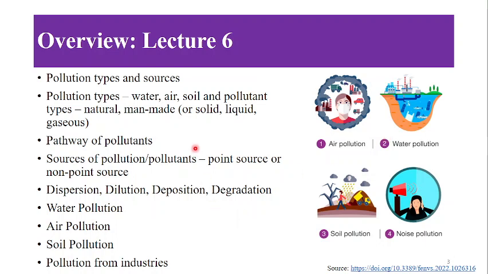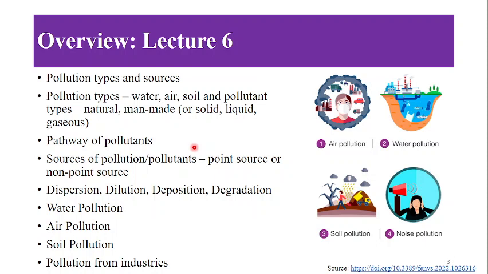Next, the pathway of pollutants: when a pollutant is generated from its source and introduced into the environment, how it reaches the organism is the pathway of the pollutant. Next, the sources of pollution can be of two types: a point source, which is a defined source that you can pinpoint as the place from where the pollution is being generated, and a non-point source, which is also a diffuse source.